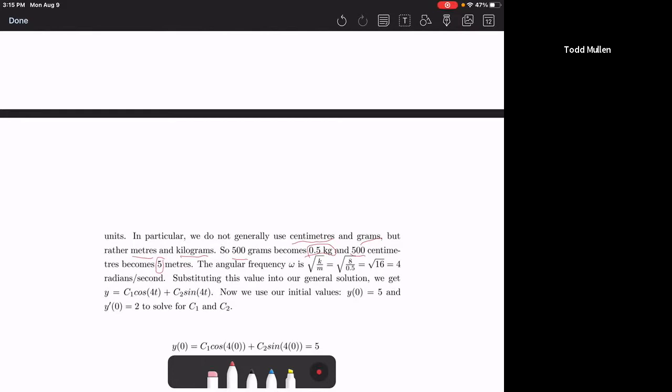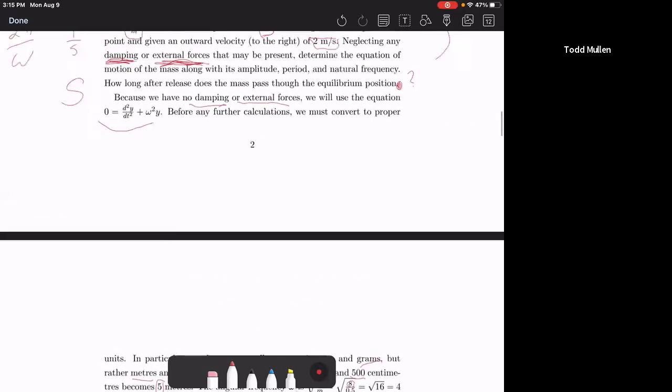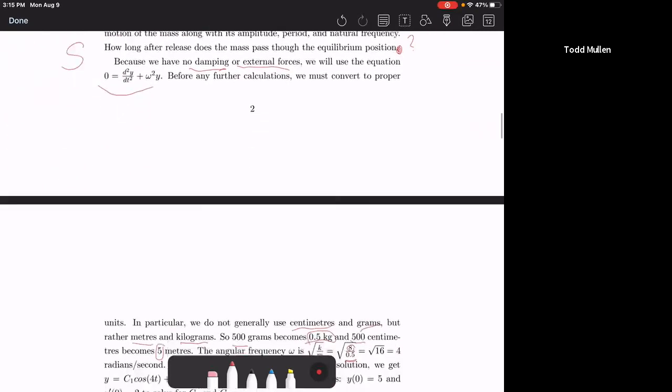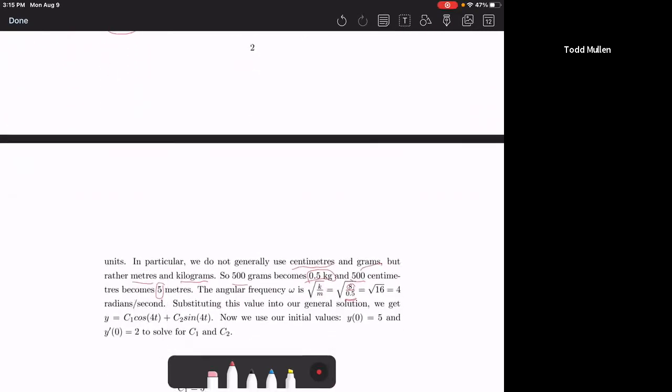The angular frequency, omega, is the square root of k over m. Well, k is our stiffness constant. M is mass, not meters, of course, because when it's a variable, it's referring to mass.